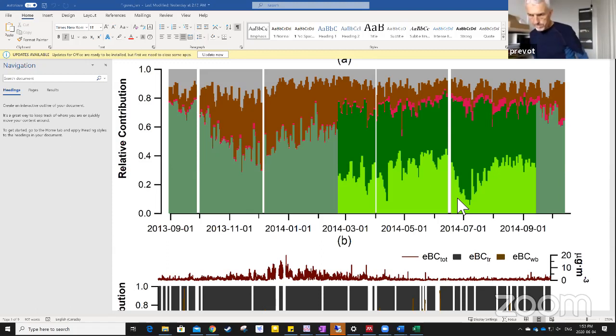Sure, you have both options. You either throw away the period where you have this kind of overlap, or you go a little bit beyond the seasonal period for both the 4-factor solution and the 5-factor solution, and then you don't lose any data.